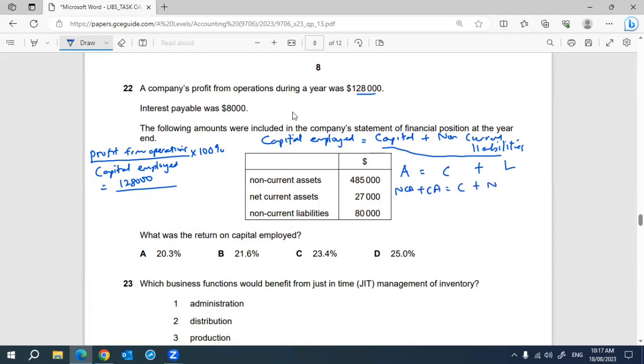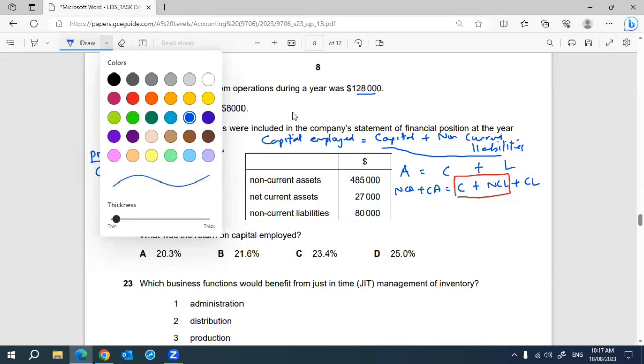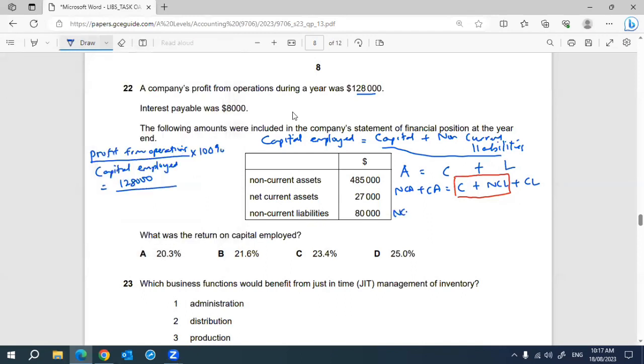So what we are looking for is capital plus non-current liability, which means that the capital plus non-current liability finally is equal to net non-current assets plus current assets minus current liability. So this is the capital employed.